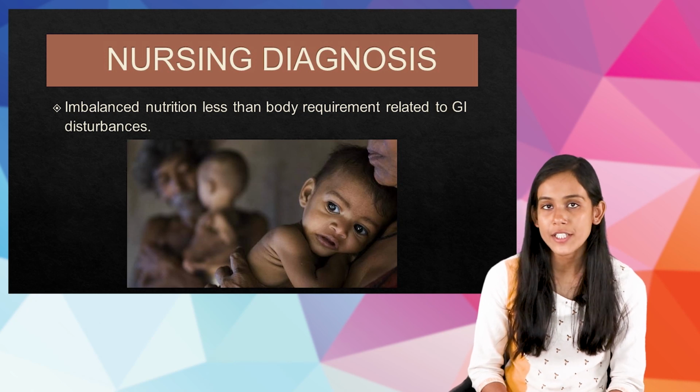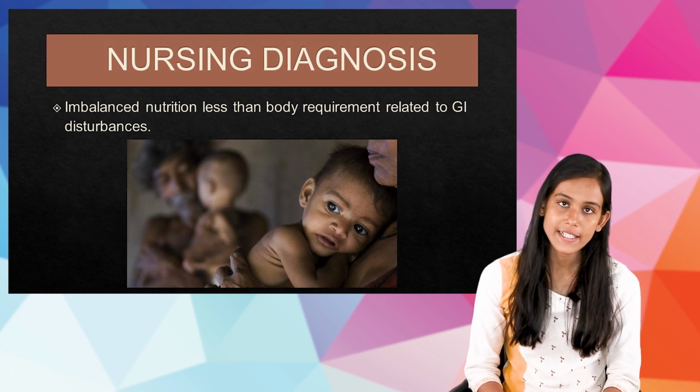There would be altered nutrition, fear and anxiety, and also knowledge deficit. These are the problems that would be there when we are taking care of a child with acute renal failure. So as a nurse, what are the interventions that we should take up while taking care of a child with acute renal failure?